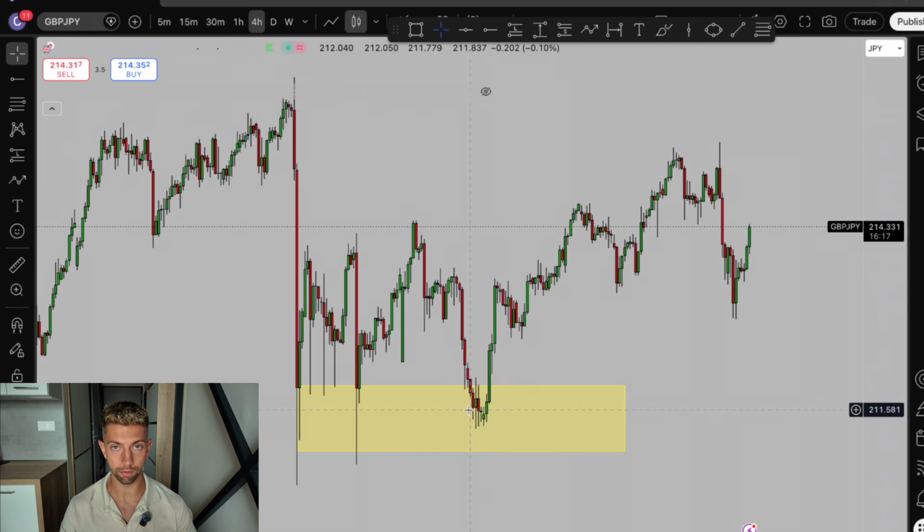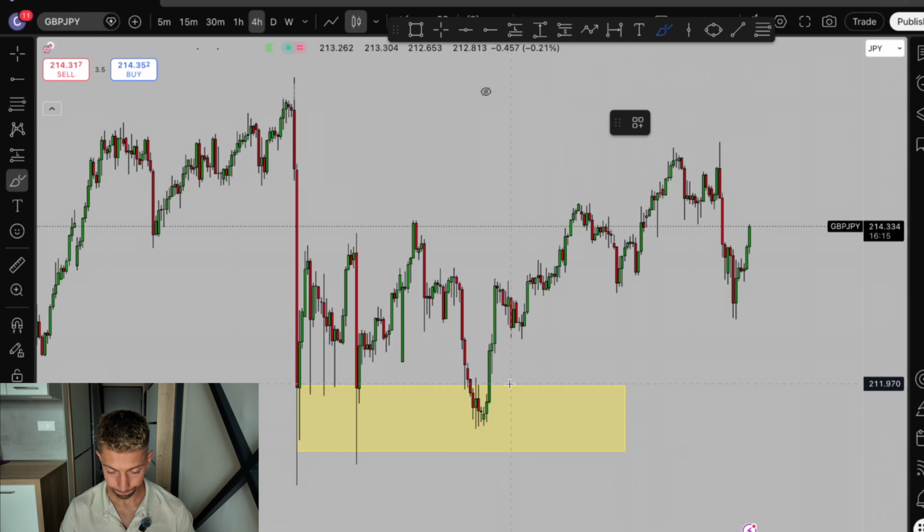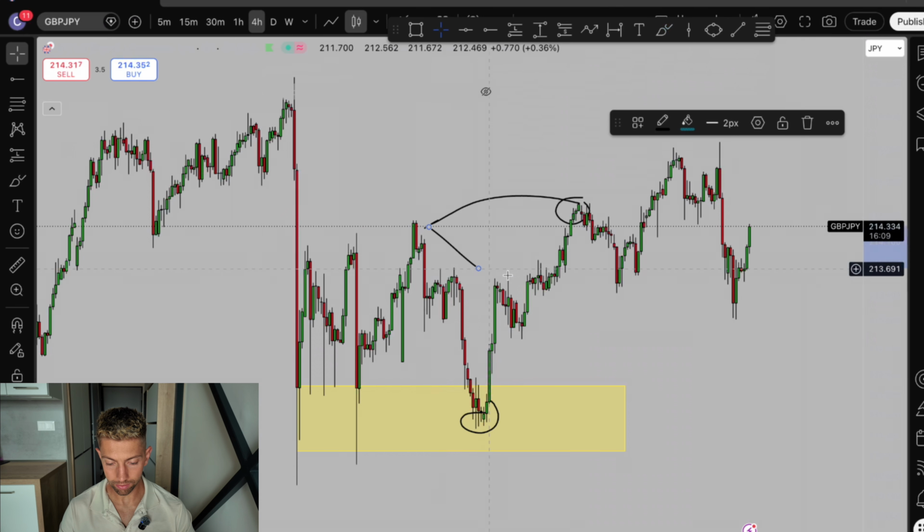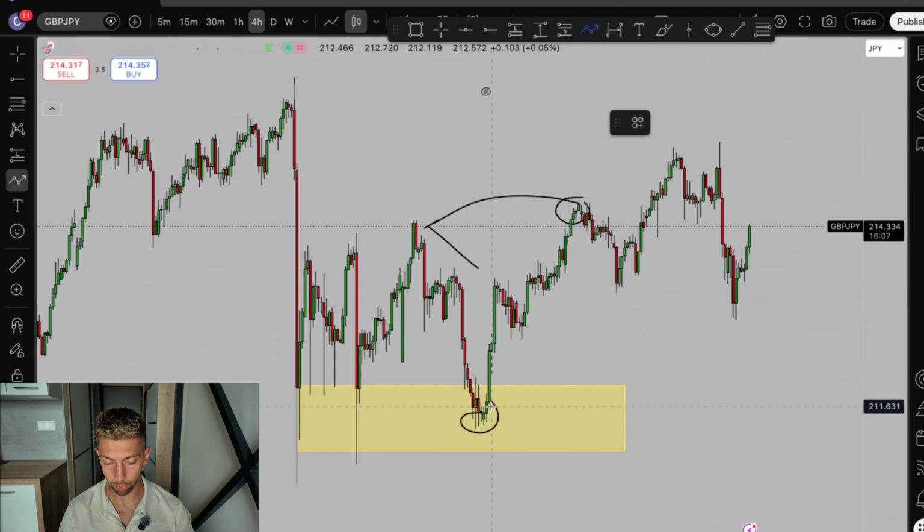So this is a key level. This is also a low, and this is a higher high point because we broke this market structure. So I know right now, for the market to be bearish, we need to break under this low, which would be a huge push.